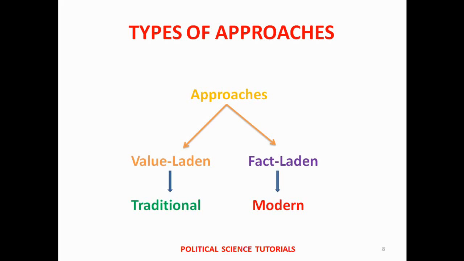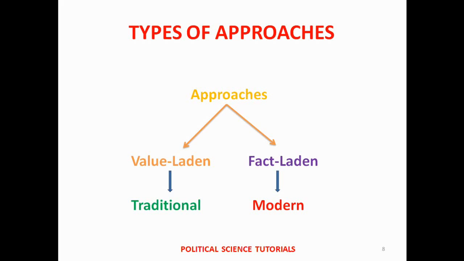The central idea of value-laden approaches, which are also called normative approaches, is that the subject is viewed and analyzed normatively, or you can say there are certain standards, rules or precepts which must find their application in political science. Traditional approaches have a historical, descriptive and prescriptive character with a dominating place for values and goals.